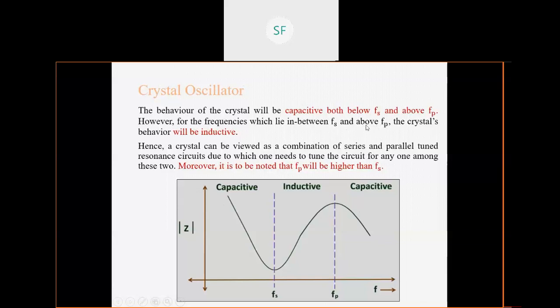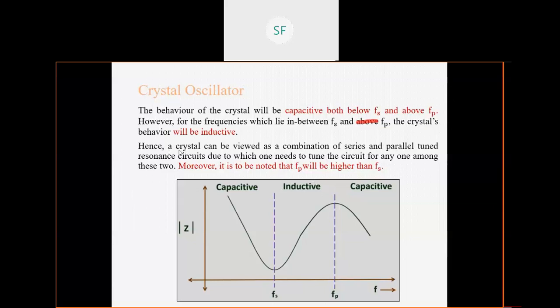However, for the frequencies which lie in between Fs and Fp, I will just make the correction, this should not say above. Now this is correct. For the frequencies which lie in between Fs and Fp, this region, the behavior of your crystal is inductive.